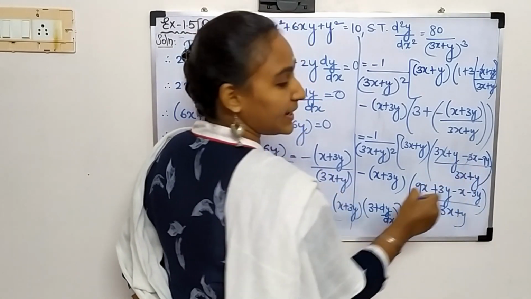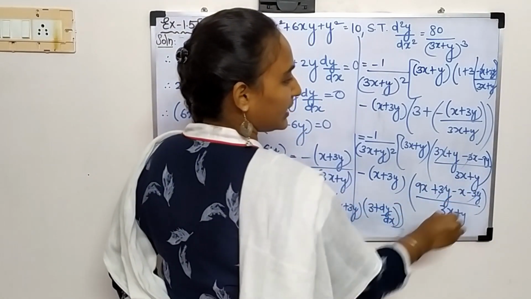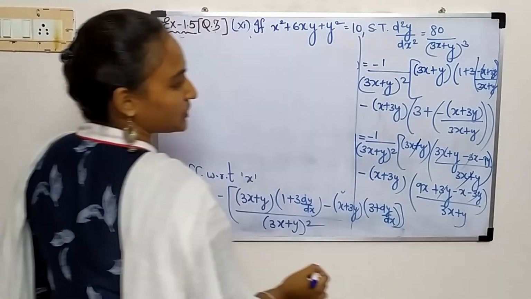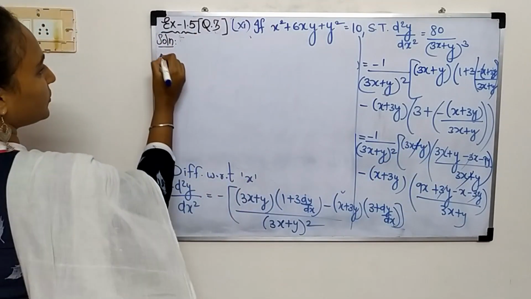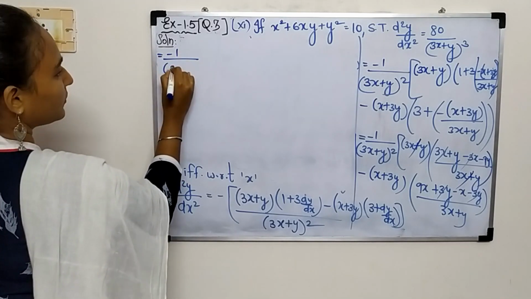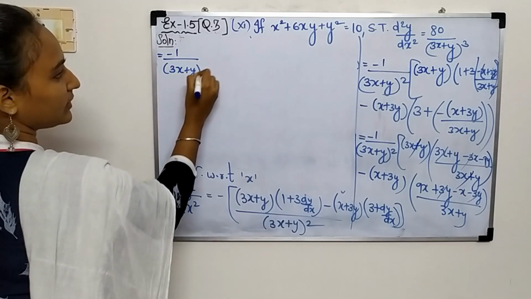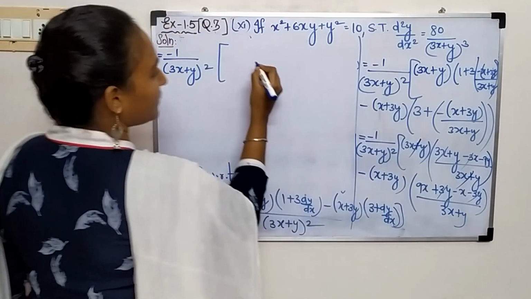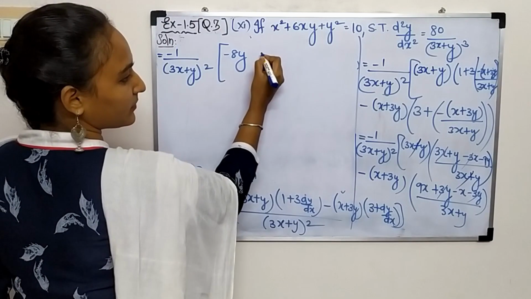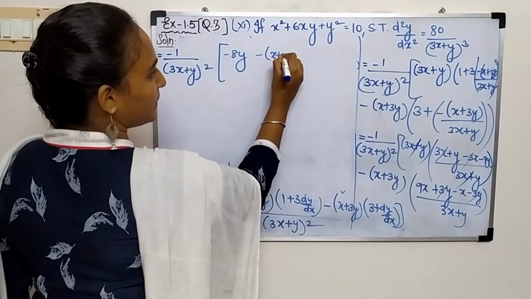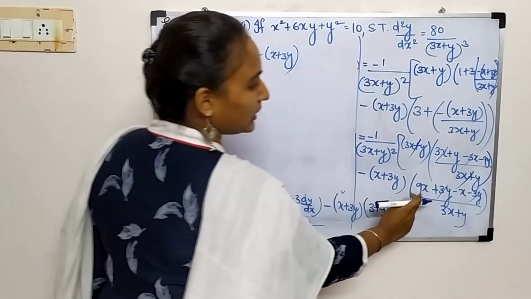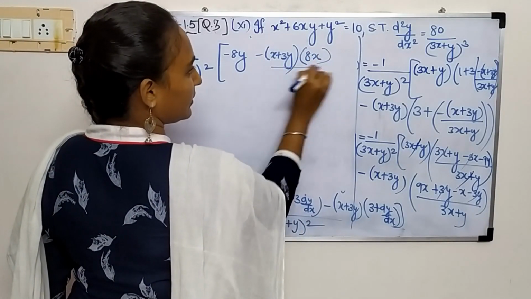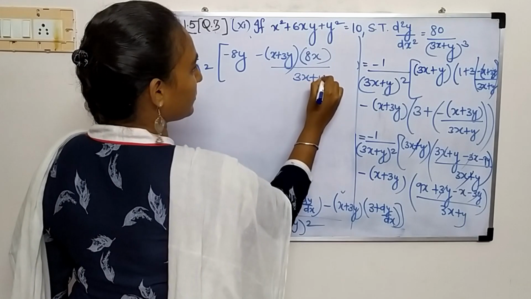So here 3x will get cancelled. Here 3y and 3y will get cancelled. 3x plus y will get cancelled. So this is equal to minus 1 upon (3x plus y) the whole square into (y minus 9y is minus 8y) minus (x plus 3y) into (9x minus x is 8x) upon (3x plus y).